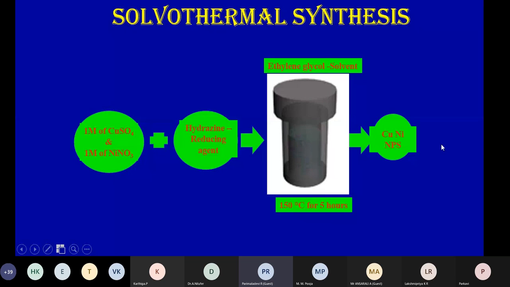After that we get a black precipitate. That black precipitate was washed repeatedly with distilled water and then with ethanol. Then we got copper nickel nanoparticles. These copper nickel nanoparticles were then subjected to different characterization to study their structure and morphology, and we also analyzed their antibacterial activity.